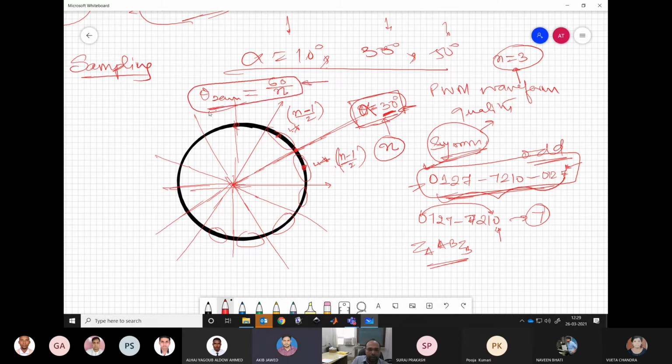So if one sample is sitting at alpha equal to 30 degree, then your next sample would be a theta sample away from this middle, and another sample 20 degree away on the other side of the middle.